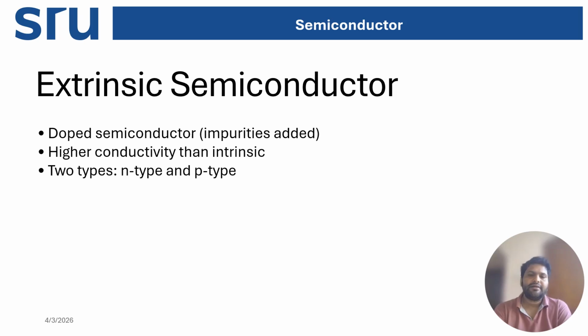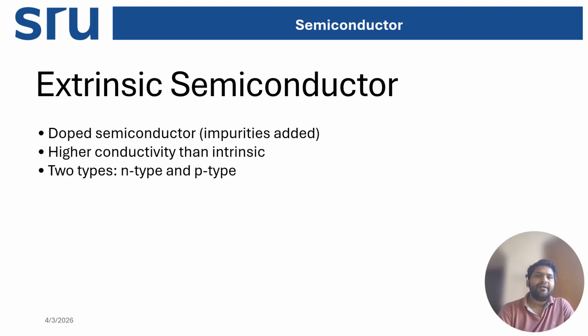Next is the P-type semiconductor. In a P-type semiconductor, we add trivalent impurities. Trivalent atoms have 3 valence electrons. Examples include boron, aluminum, gallium.